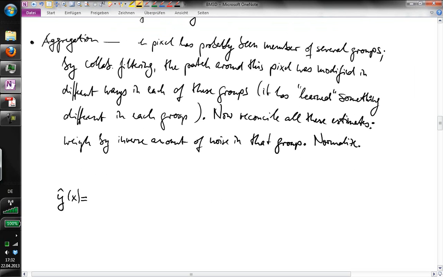This is my estimate at location X. So this is the estimated intensity at pixel X after the end of stage 1 of this algorithm, stage 2 being the one with the Wiener filtering.